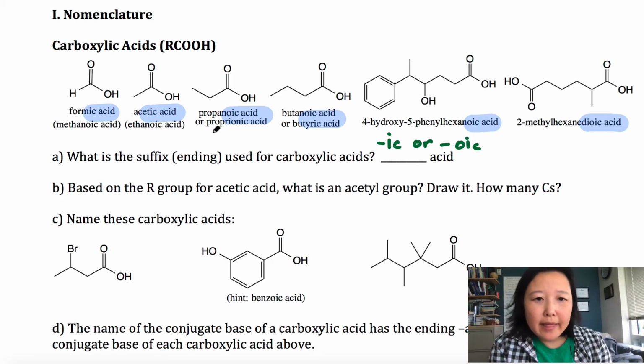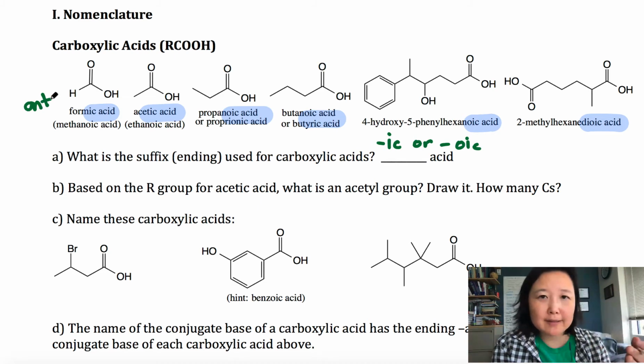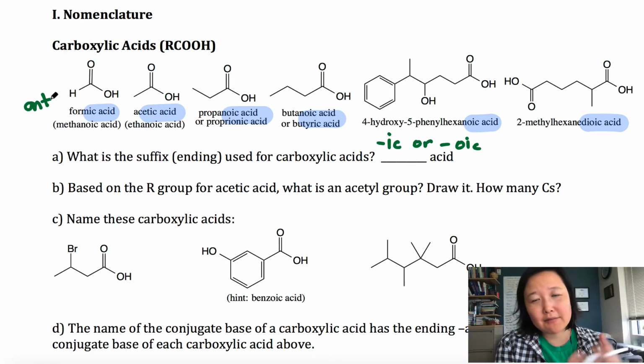There are some that have a historical name to them. Like formic acid, something associated with ants, and it comes from the Latin for ant. A lot of times these are compounds named before we even knew the chemical structure. They're tied to things like caproic acid, which is from goat milk.